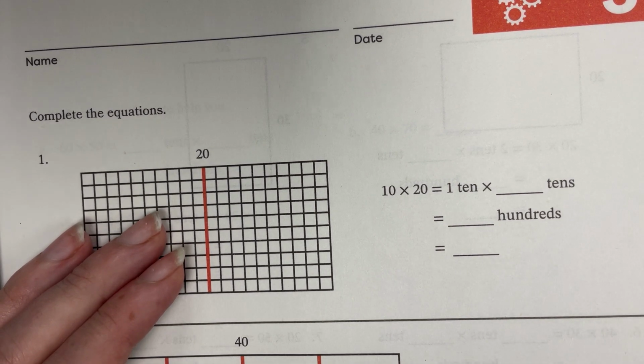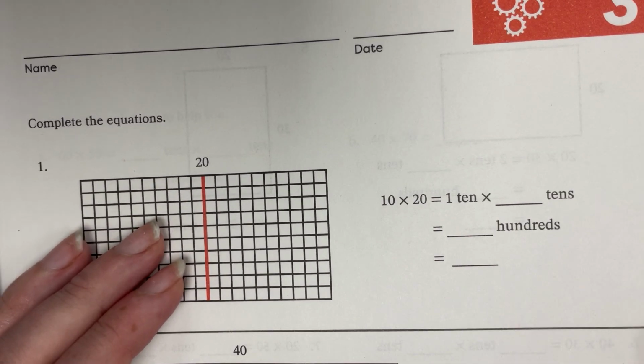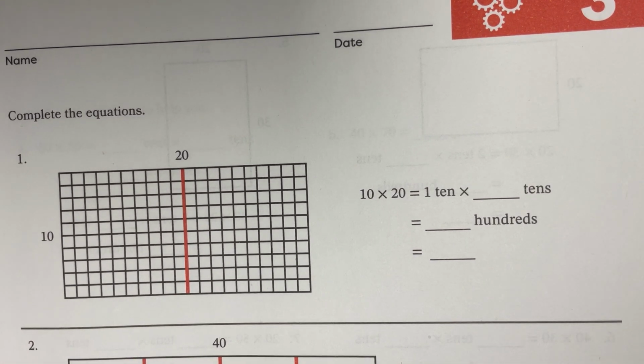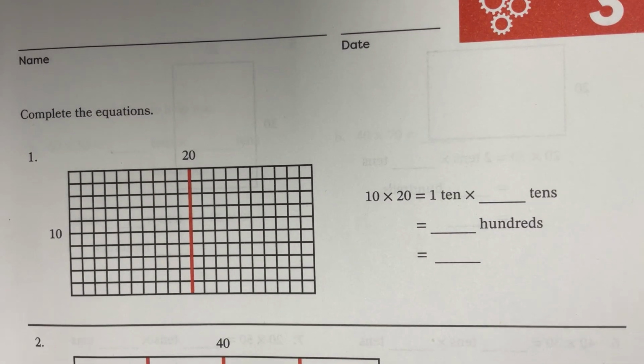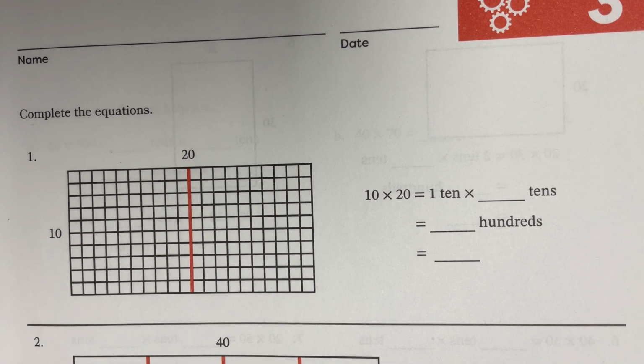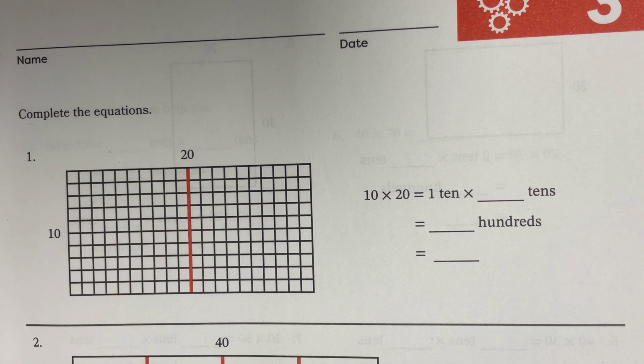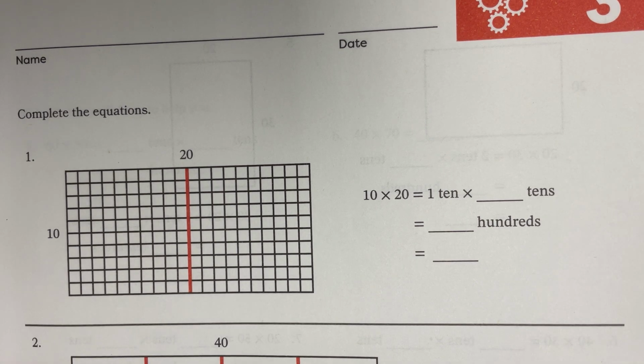So, I want us to look at the first problem. It's hard for you to see the whole first problem in the camera. I hope that you're able to piece it together based off of what you can see on your page and what you can see on the board. We are multiplying 10 times 20.